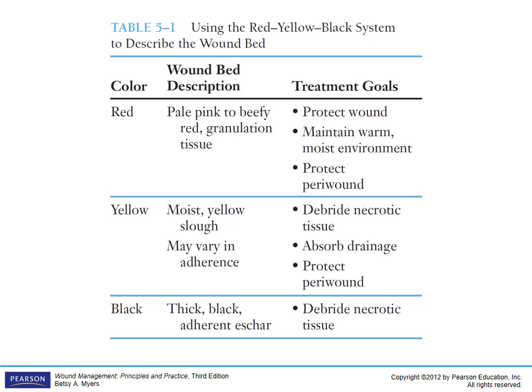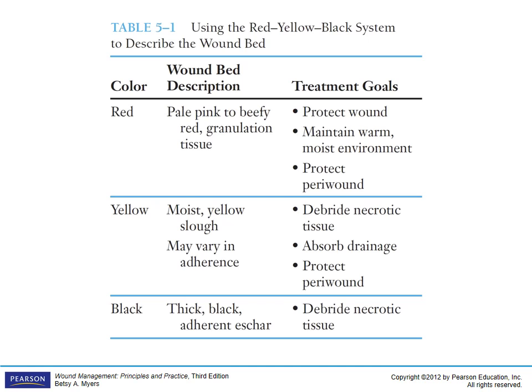All right, so here is a table that kind of talks about the treatment goals. So if you have a red wound, it's pale pink to beefy red with granulation tissue, all you want to do is to protect that wound, maintain that warm, moist wound environment, and protect the peri-wound area.